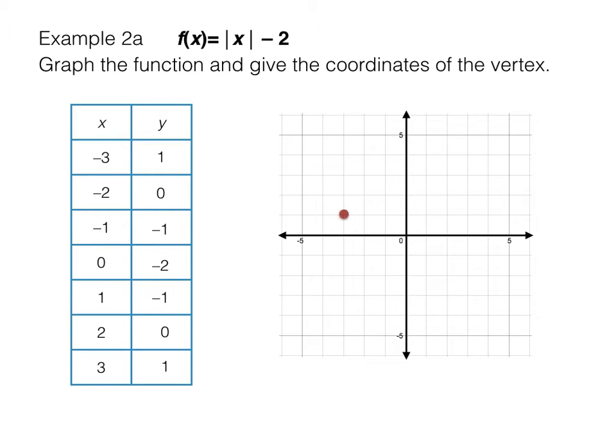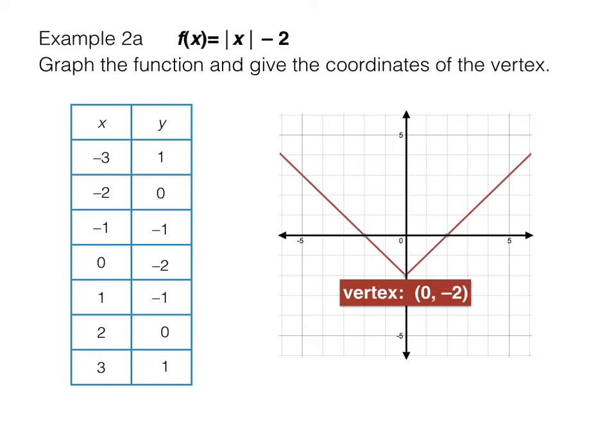We'll plot these points, and we'll notice that at a value, namely 0, -2, the slope changes direction from decreasing to increasing. We'll connect the points, and we'll notice our vertex is 0, -2.